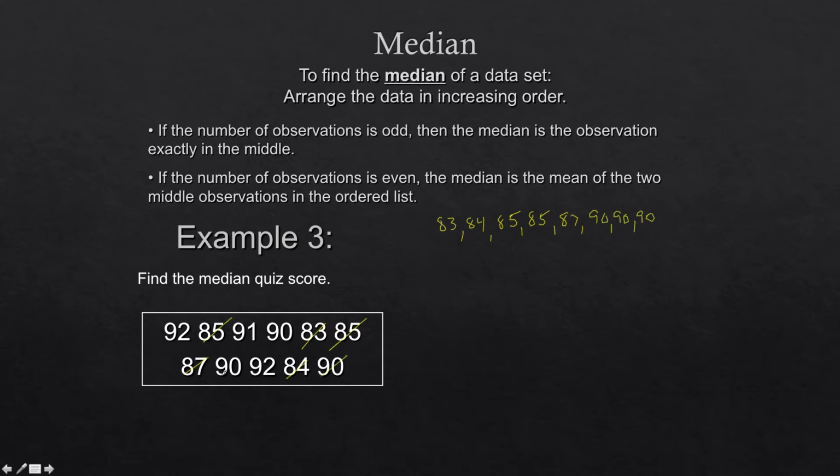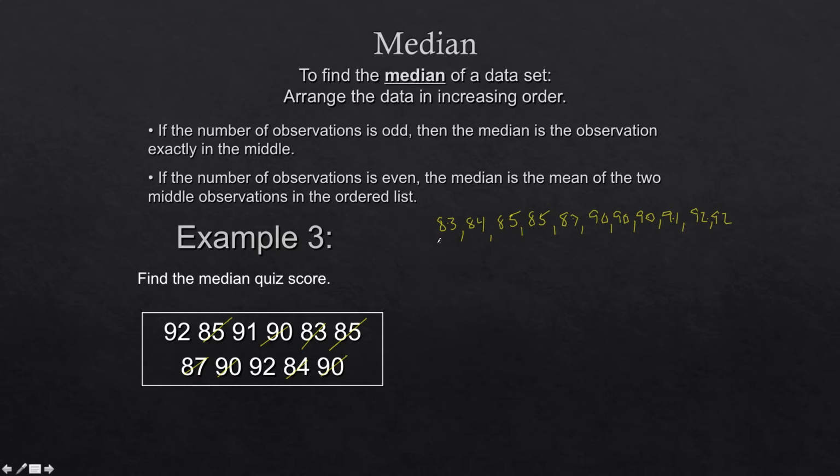So that's 1, 2, 3. I see a 91, and I see two 92s. Alright, so now, how many numbers do we have here? We have 1, 2, 3, 4, 5, 6, 7, 8, 9, 10, 11. Okay, so that means it is the middle number.